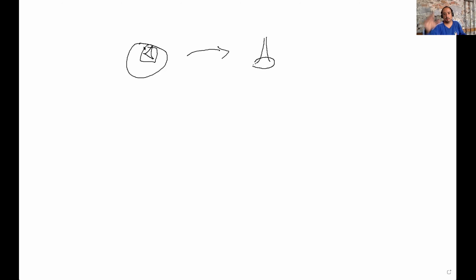The idea here is that the curvature can be expressed in terms of these things that one calls principal directions. But that's too complicated.